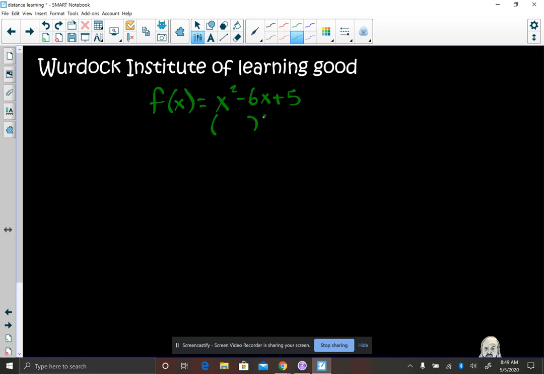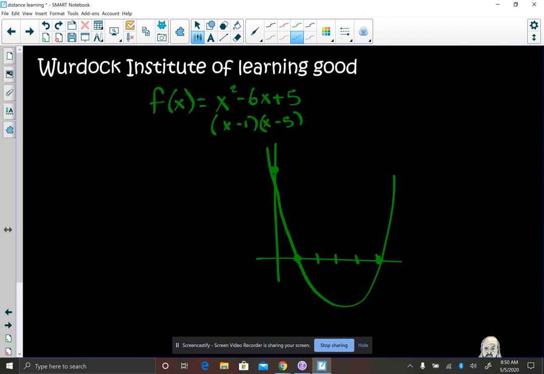Not that you have to do any of this yet. They could be x minus 1 and x minus 5. That means your two x-intercepts are positive 1 and positive 5. And it has a y-intercept of 5. And it would look like such.